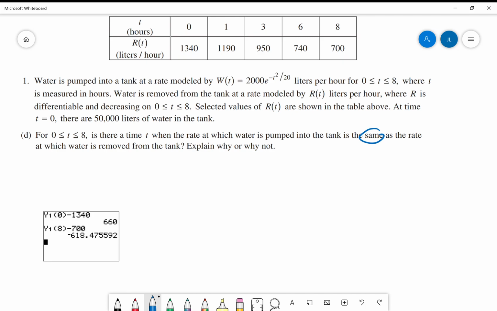So what we're really looking for here is whether there is a time during this interval 0 to 8 where the rate at which water is being removed is equal to the rate at which water is being added. Another way to write this is to get their difference, where the difference between the two rates is equal to 0.